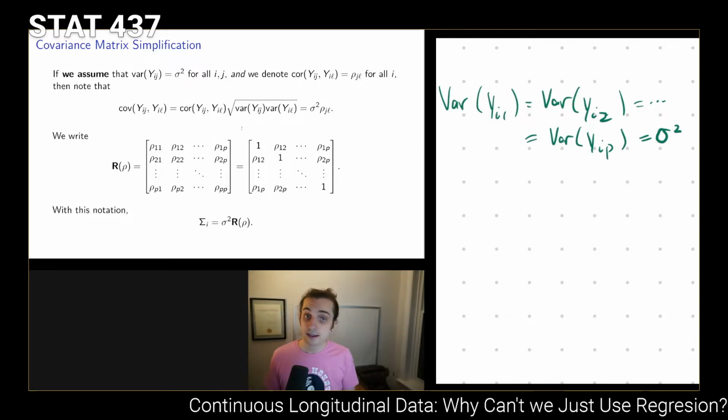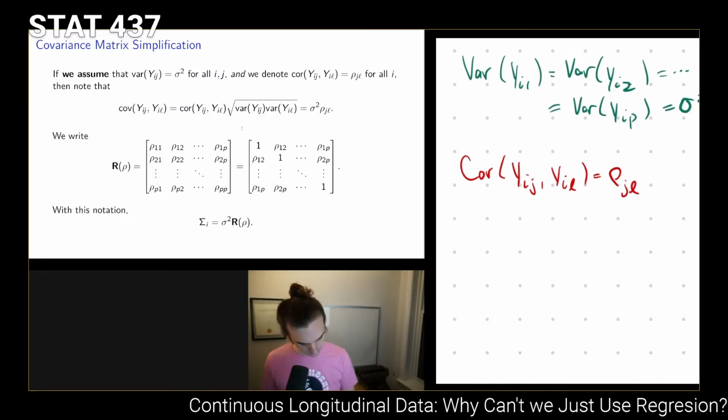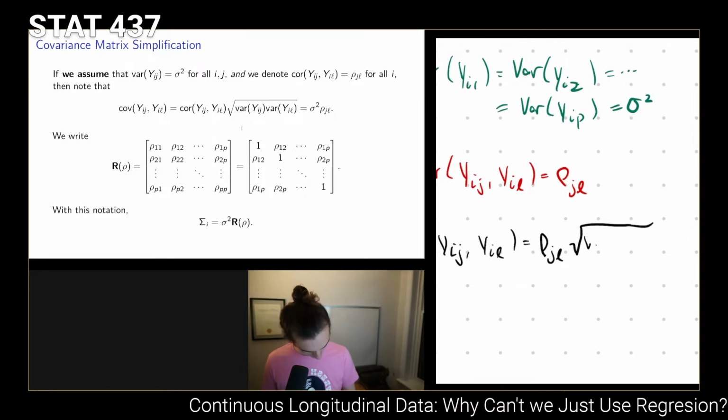And if we use a shorthand for the correlation, so if we're taking the correlation between yij and yil, and we write that as rho jl, then remember from the previous slide that the covariance between yij and yil is going to be equal to the correlation, rho jl, times the square root of the variance of yij times the variance of yil.